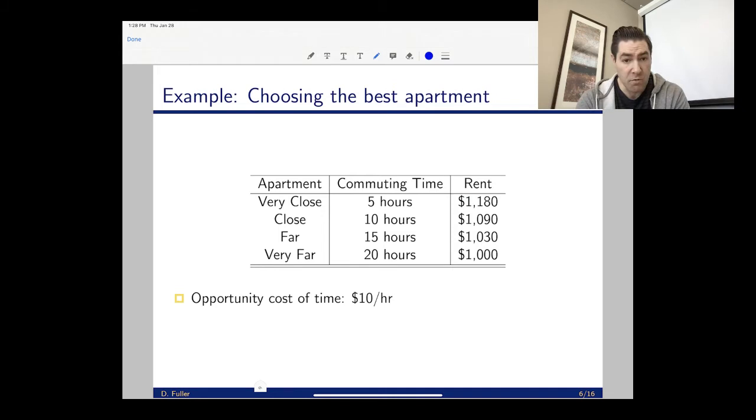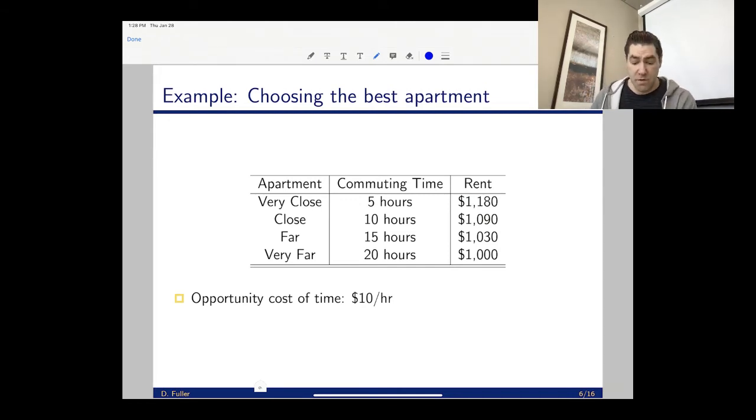As I move further away, to close, I have a higher commuting time of 10 hours but less rent, $1,090, and so on. So the further away I get from campus, the lower the rent, but the higher the commuting time.